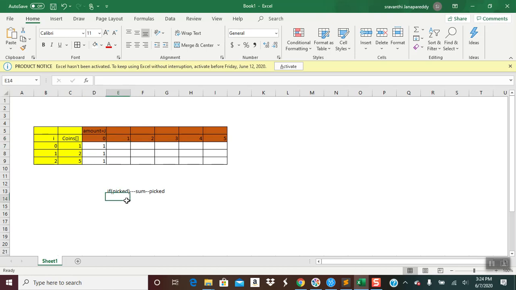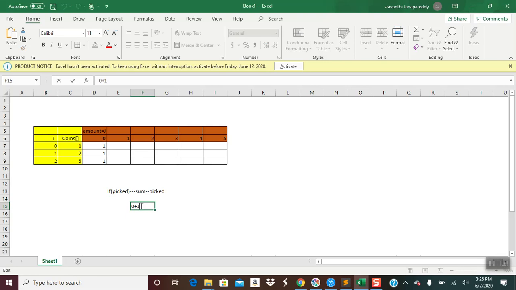This is 1. So when you are processing the 1, when you want to pick the 1, this is the first element, you don't have anything else in your hand, so that's why it is 0 when it is not picked. And when it is picked, pick this and remove it from the sum. 1 minus 1 is 0, so coins of 0 is what? 1.